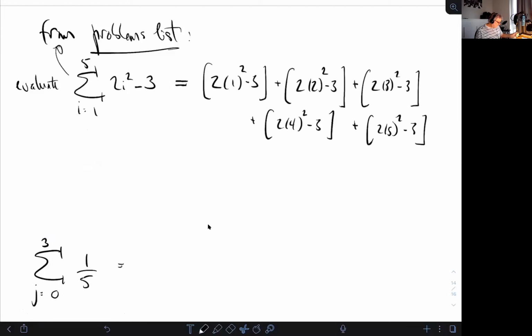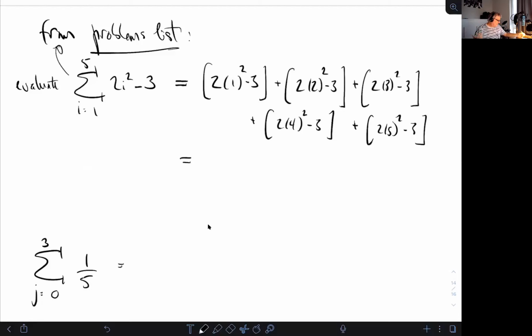Okay, so you can add those up, but you see the principle, right? Index goes from bottom value to top value, increases by 1. You replace the value in that summand, i squared minus 3. So i will go from 1 to 5. You get 5 values, you add them up. That's what it means, okay?